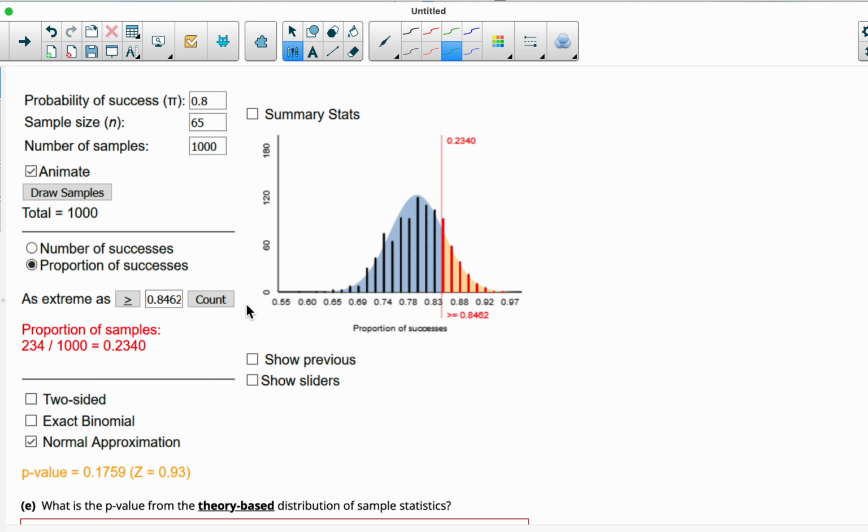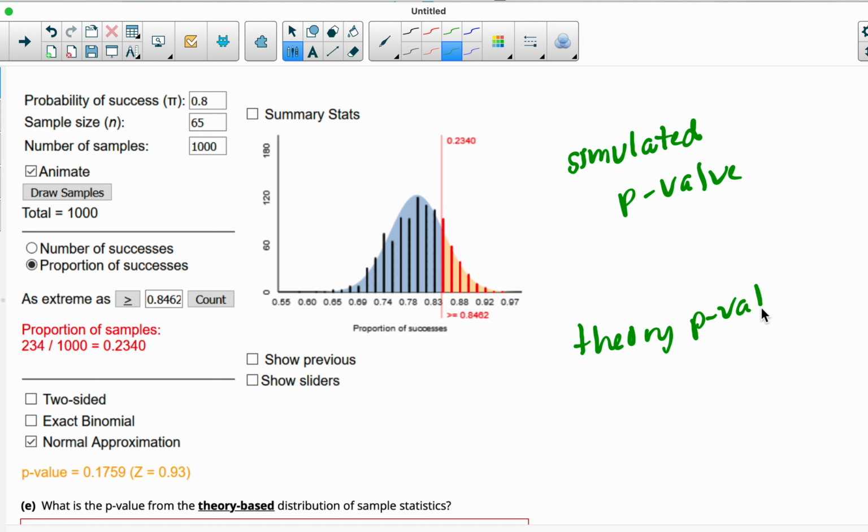I don't know what question problem this is, but in Rossman Chance, we can get both a simulated p-value, which is what we've been doing up to this point, and a theory-based p-value.